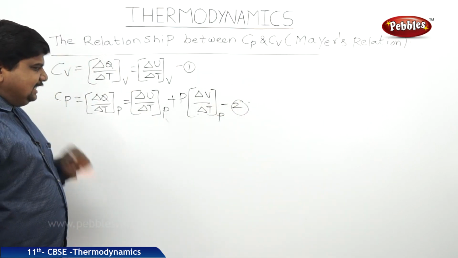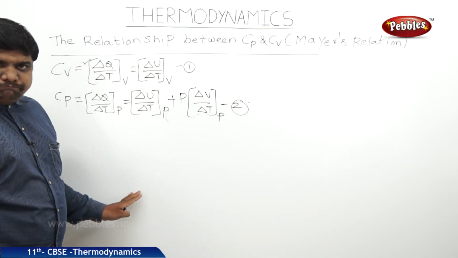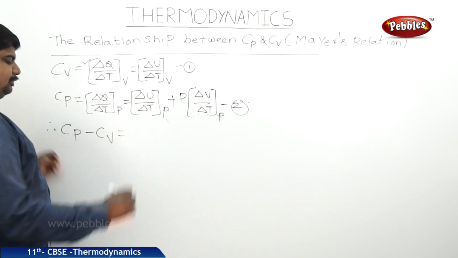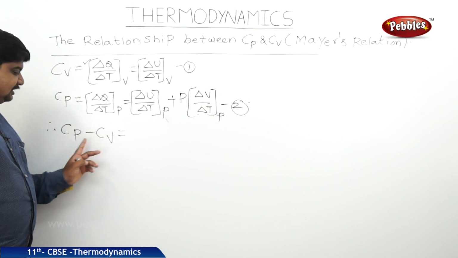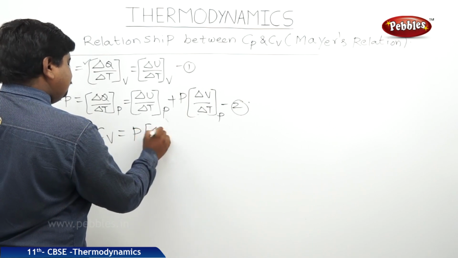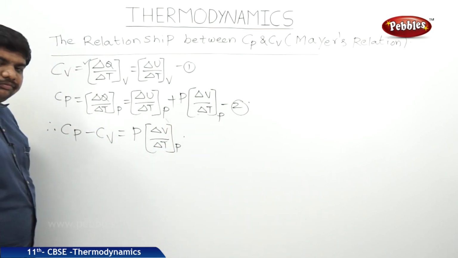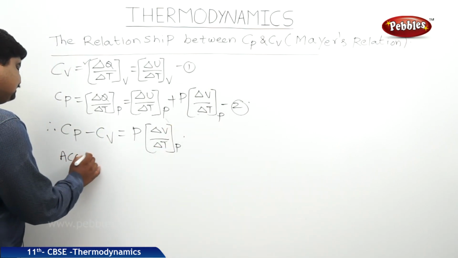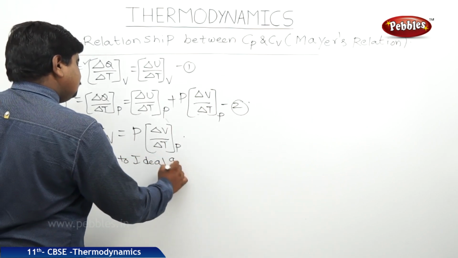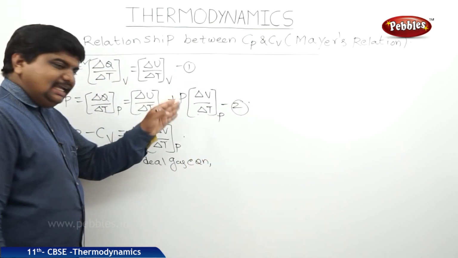If we compare both the equations, we can write dq by dt is equal to du by dt. Therefore, Cp minus Cv, meaning specific heat at constant pressure minus specific heat at constant volume, we will get P into delta V by delta T at constant pressure. According to the ideal gas equation, PV is equal to nRT.